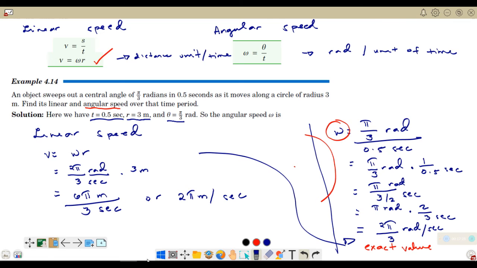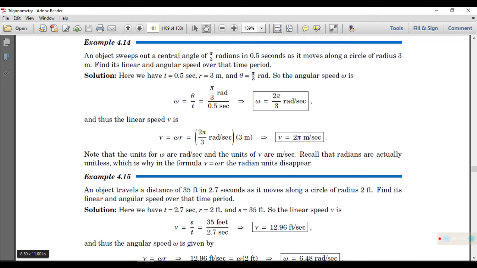Okay? Okay, so let's check. Okay, so here we have the same answer. Ito siya. So, 2 pi meters per second. Parehas tayo ng sagot. And on the book, ang ginamit ay exact value rin for the angular speed. We have 2 pi over 3 radians per second.